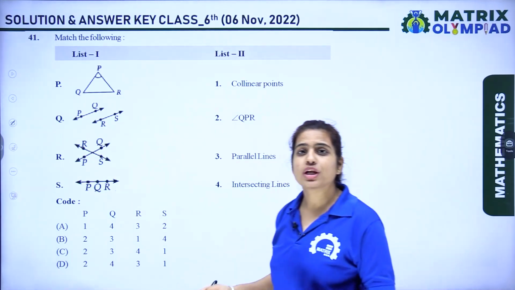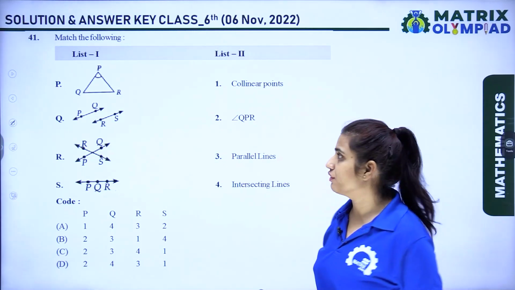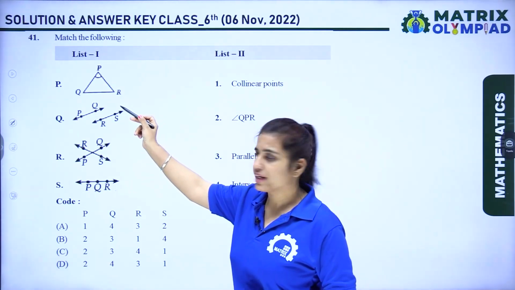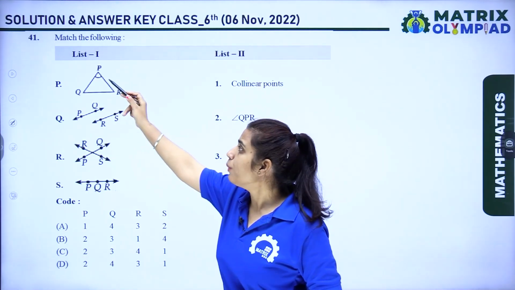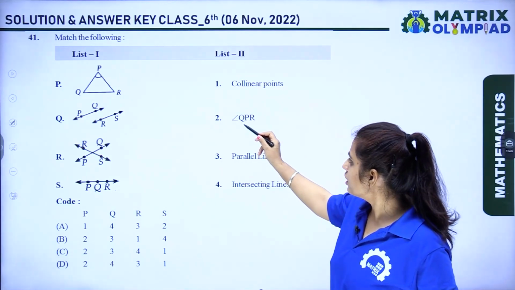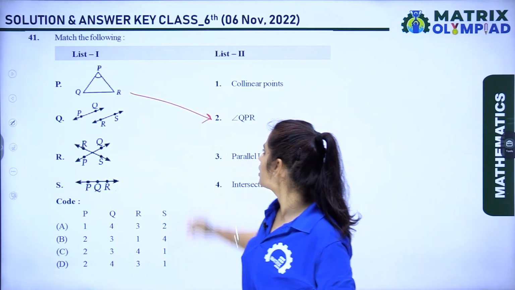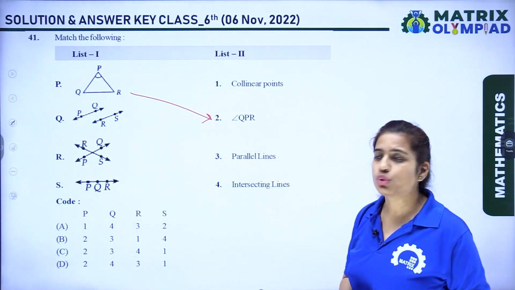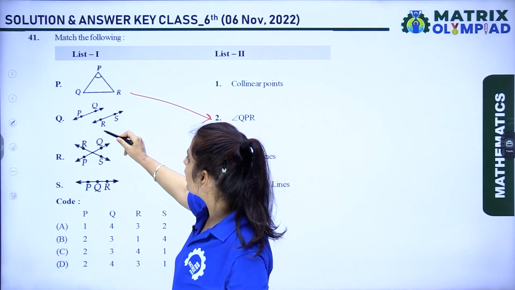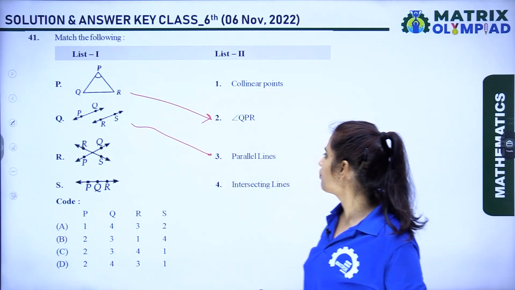Now let's solve question number 41. In this question number 41 we have to match the following. In list 1 we have one triangle named QPR. Now out of the options we have to check. Here it is written angle QPR, so P with 2. Next we have PQ is parallel to RS, so Q will be matched by 3.